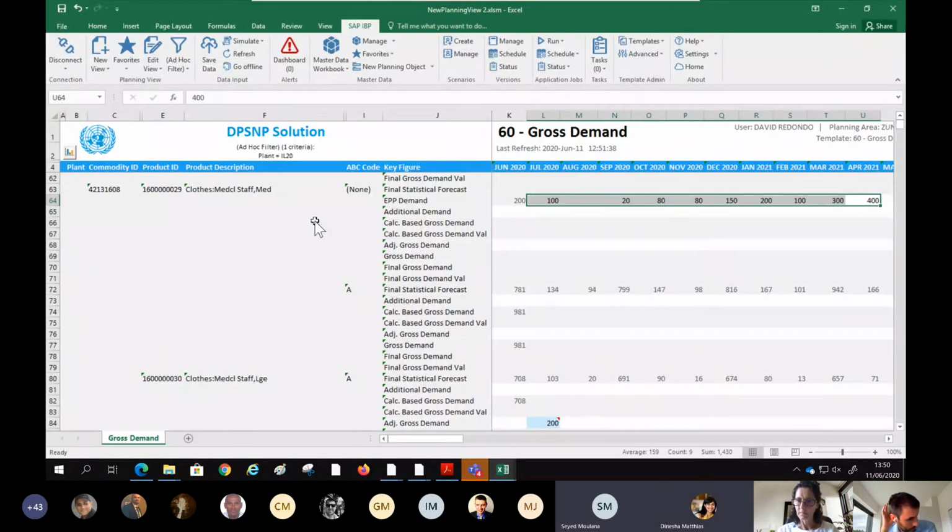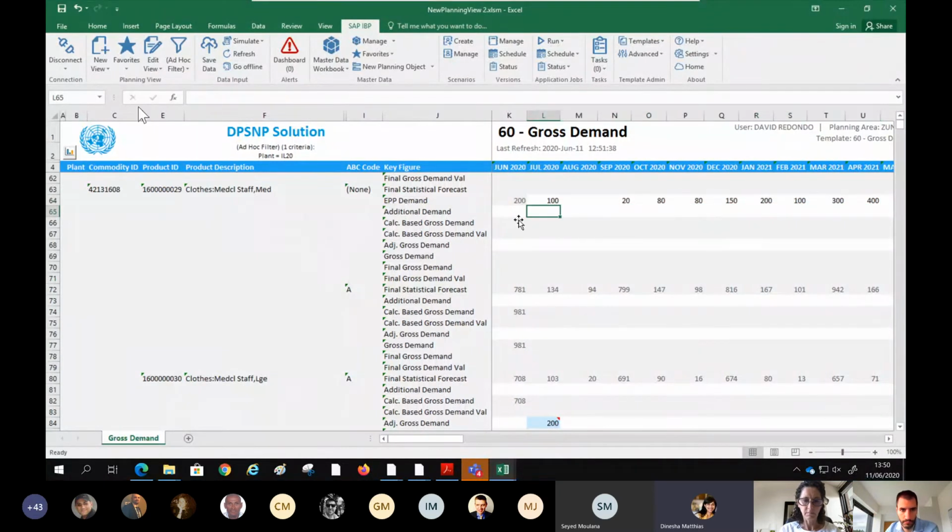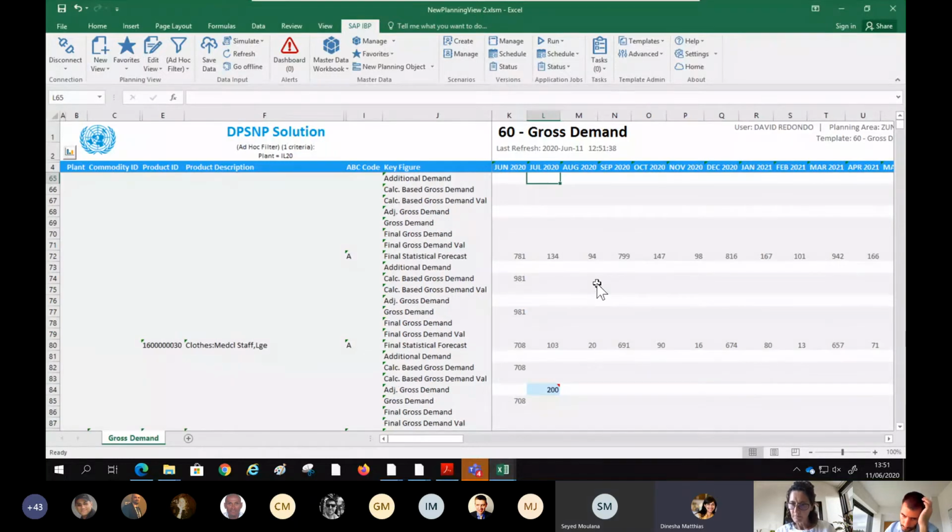No, unfortunately, unlike other key figures, EPP is a key figure that is at a different level. First of all, I'm 95% sure that we cannot edit it here, and if it is edited, it causes some kind of inconsistency. So for EPP, I wouldn't even look into updating it here. The only thing that we can update here that flows backwards is the additional demand. All right, thank you.